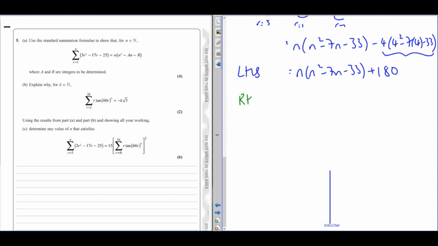For the right hand side, we've seen this before, so this is from part B, except again it doesn't start at 1, it starts at 6. So this is the sum to 3n from r equals 6, which is the same as the sum from r equals 1 minus the first 5 terms.